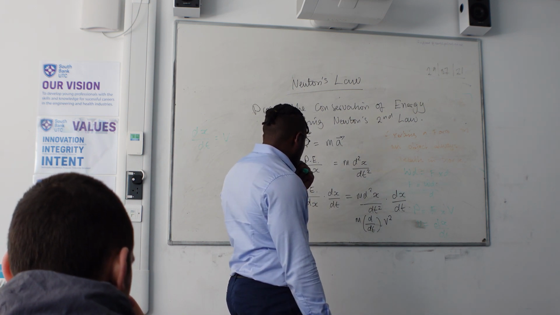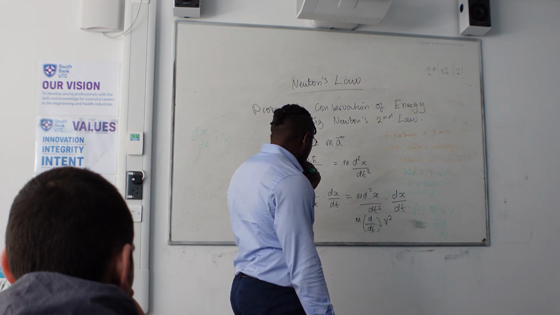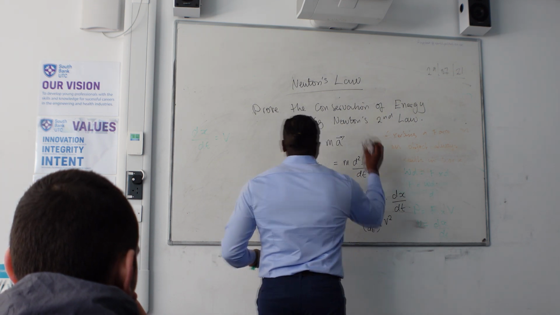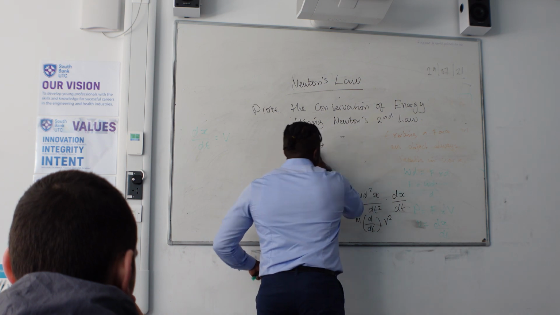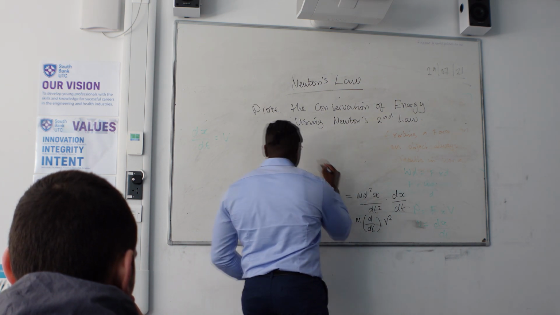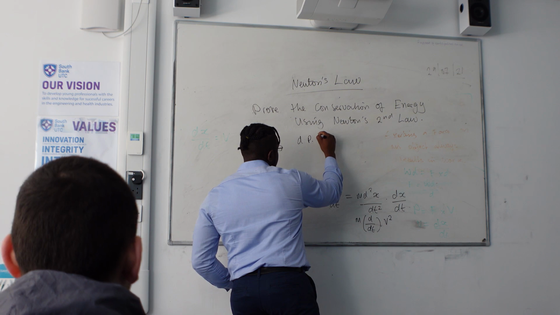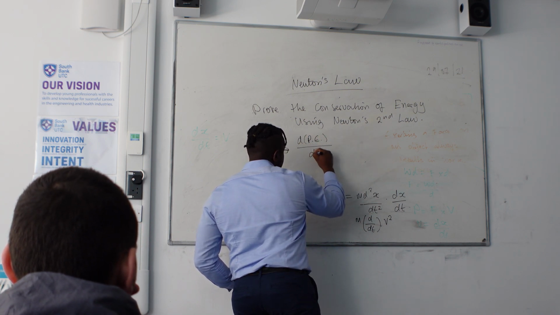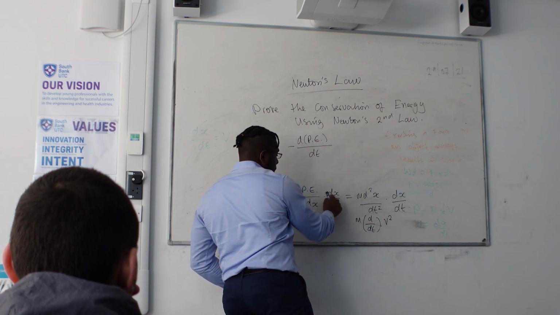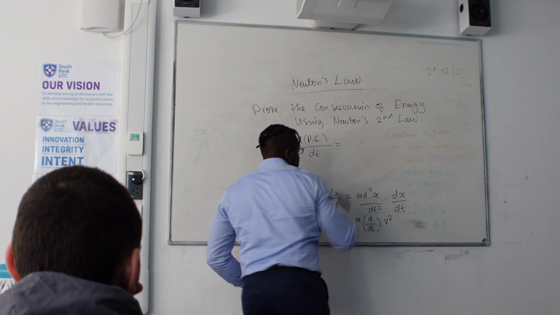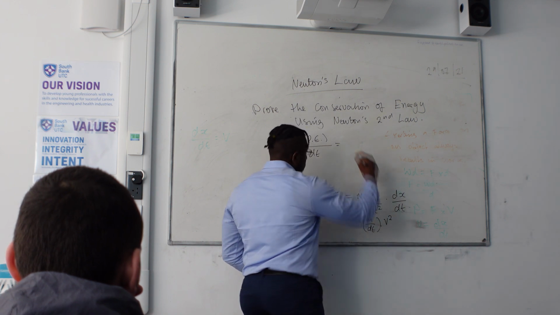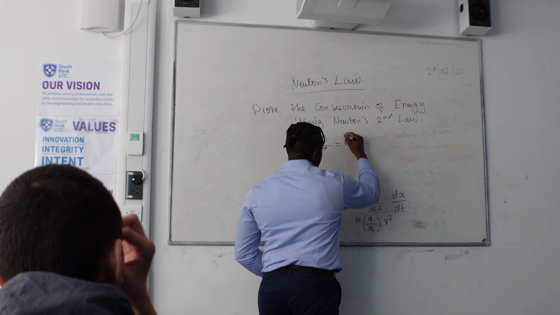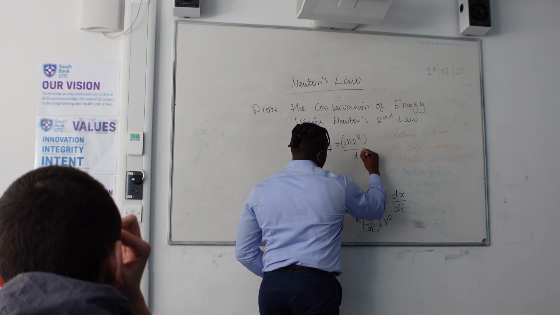Okay. So I need more space. So currently we have d potential energy over dt, because these two dx's cancelled out, and that equaled m v squared, and I'm just going to write dt there.